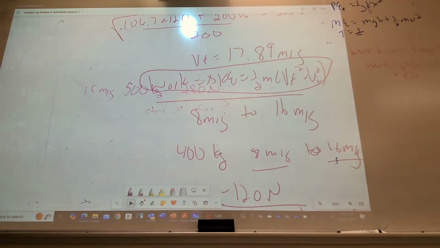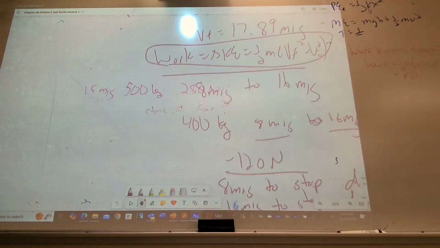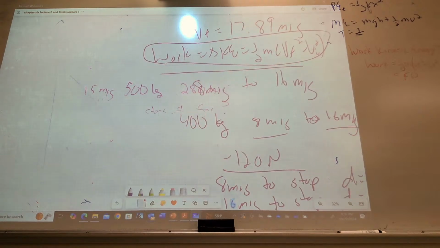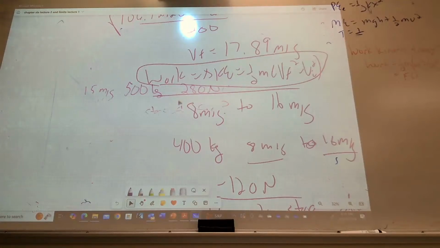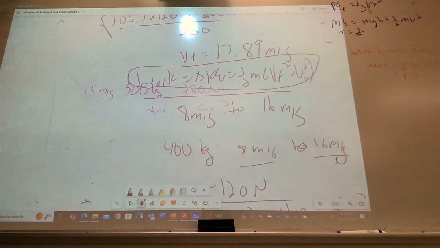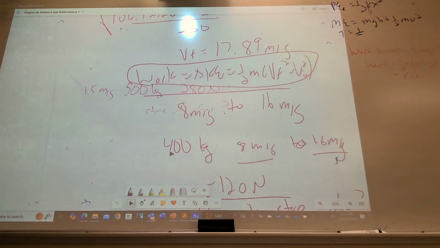Just tell me the distance over which this force was applied. So we want to know the stopping distance from 16 meters per second. What is the stopping distance? I'm 320. So you're going 1/2 400, 16 squared minus 0 squared.